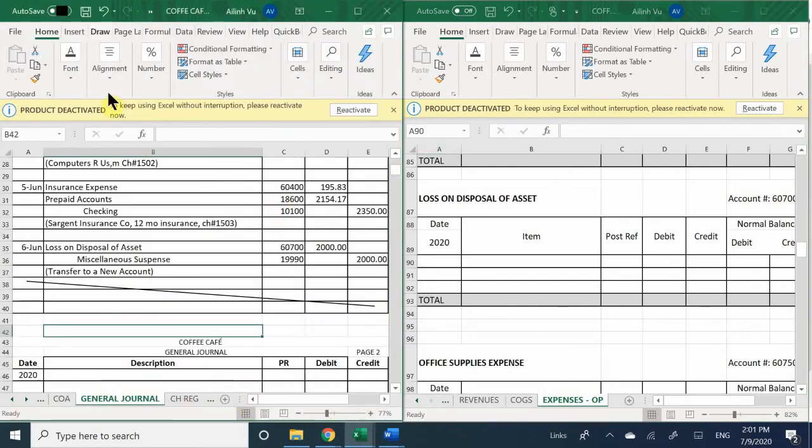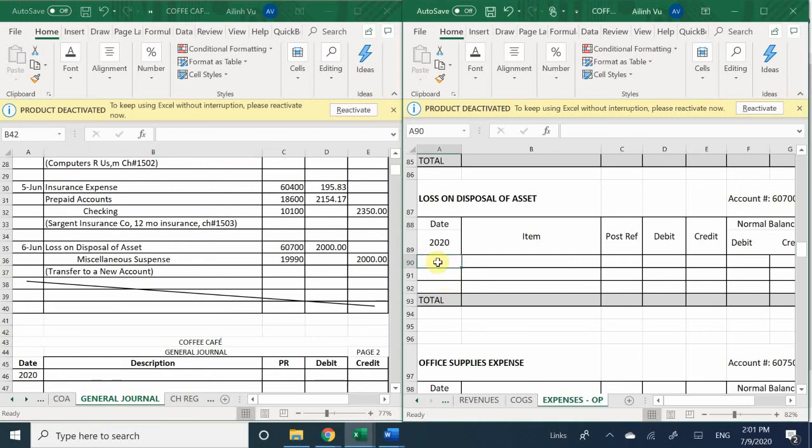Okay. So here we know that if we look at our journal, we're still on page 1, and we're going to transfer. We're going to debit our account on loss of disposal of asset for $2,000. So here I'm going to write the date, which is 6/6.